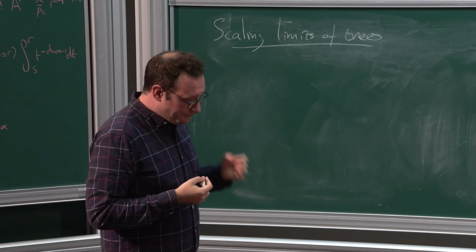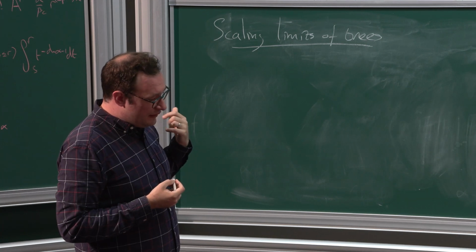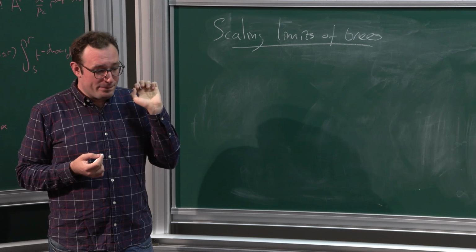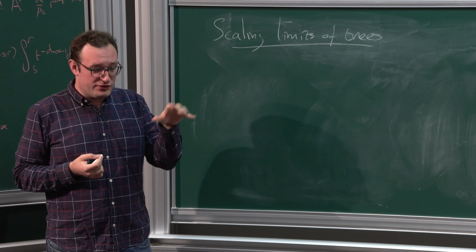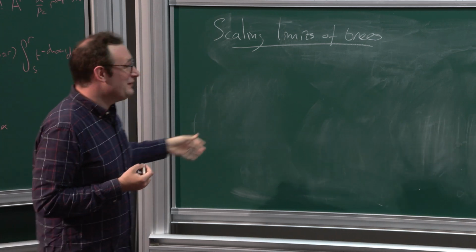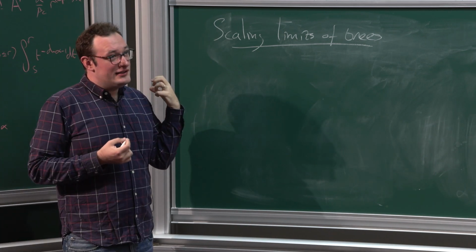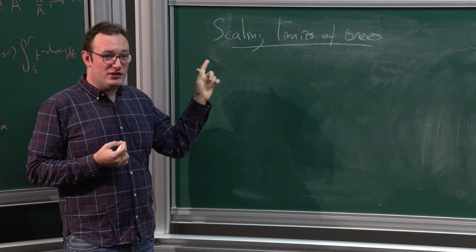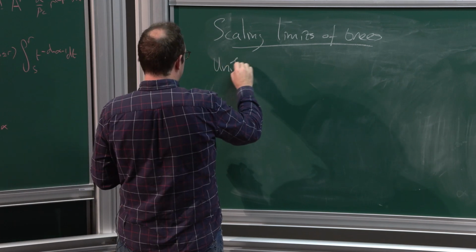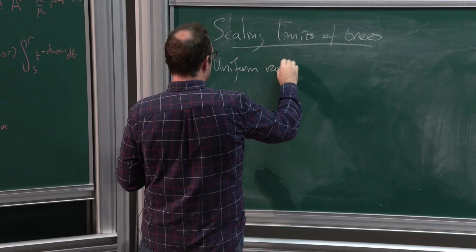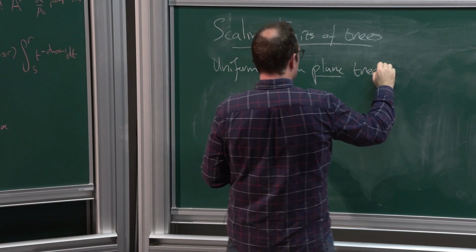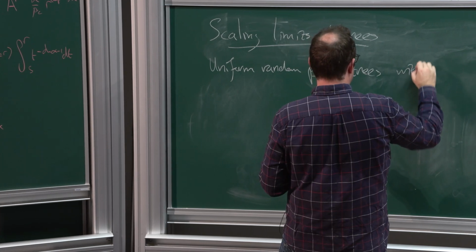Okay, so for us, we're going to want to consider critical branching process trees, Galton-Watson trees or Bienaymé trees, whatever you want to call them, and it's actually more convenient for the overview to think about a slightly different problem, which is to consider uniform random trees, random plane trees, with n vertices.